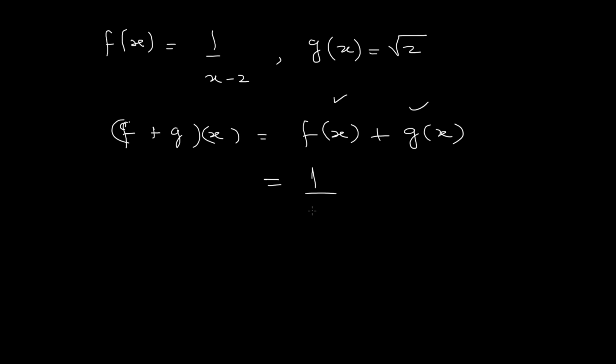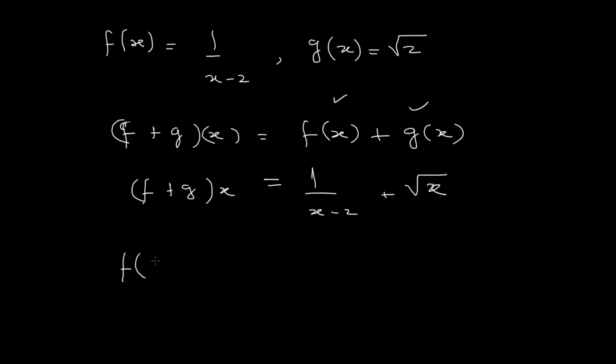So we have 1 over x minus 2, then we're going to add root x. Okay, in some cases this is already rationalized. So it's okay, we can leave it there. And then the second part of this question was, so that's our function here. So if you can write it to say f plus g of x is going to be that function.